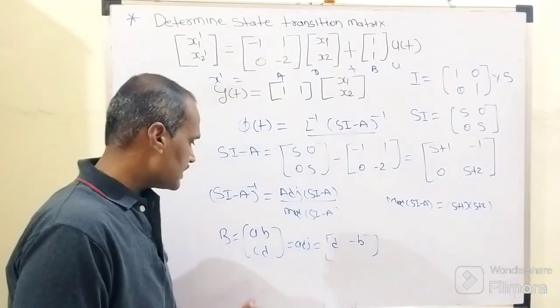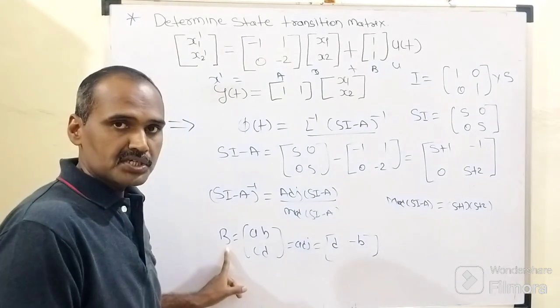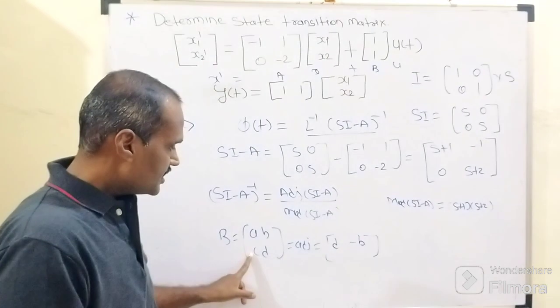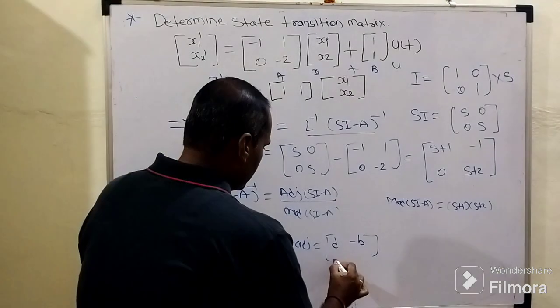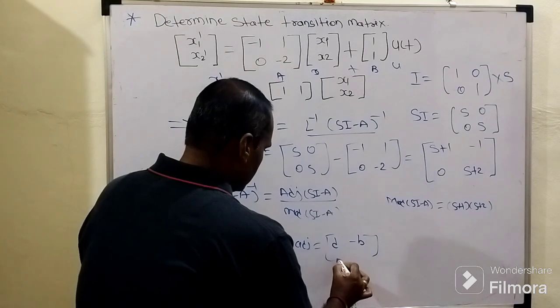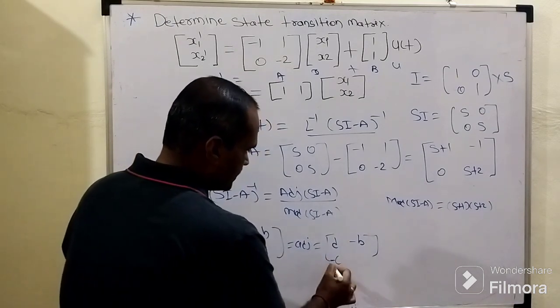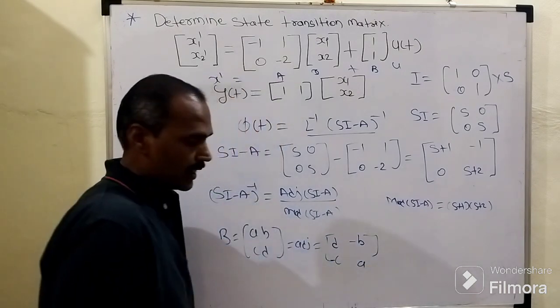As far as the lower row is concerned, the remaining elements belonging to column number 1 of the original matrix are A and C. Initially we consider the last element along with the negative sign, so it becomes minus C, and here it becomes A.